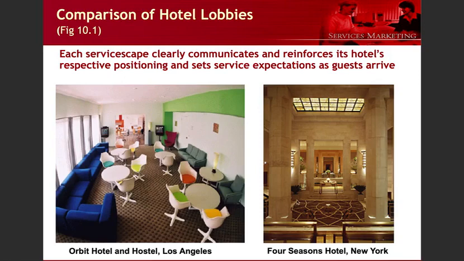And then what about the right? It is taken from Four Seasons Hotel in New York. This is a five-star hotel. It is a very sophisticated lobby, and of course, it's different between left and right. So each servicescape clearly communicates and reinforces its hotel's respective positioning and sets service expectations as guests arrive.